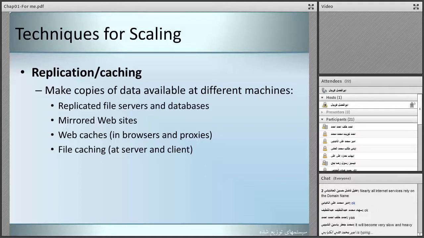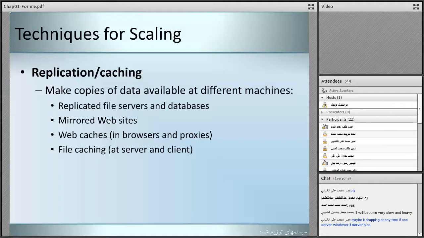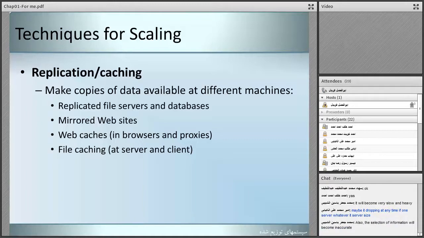It's a technique for scaling. By this technique, if the number of users in the world increases, the performance is not decreased. Google can provide service for millions of people, and you can see that this is a scalable system.